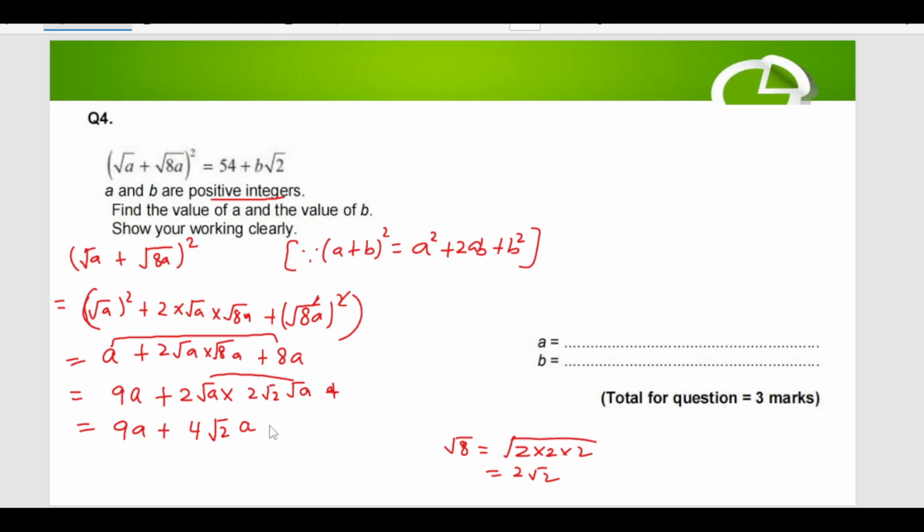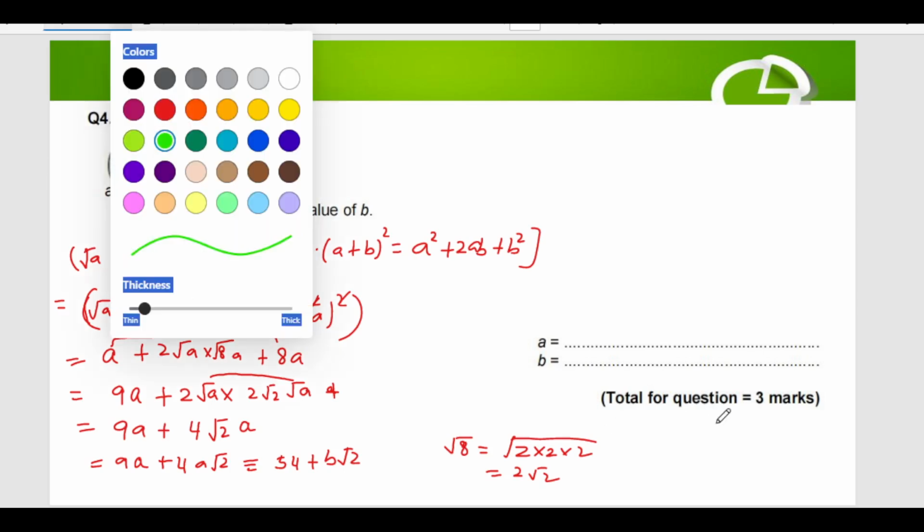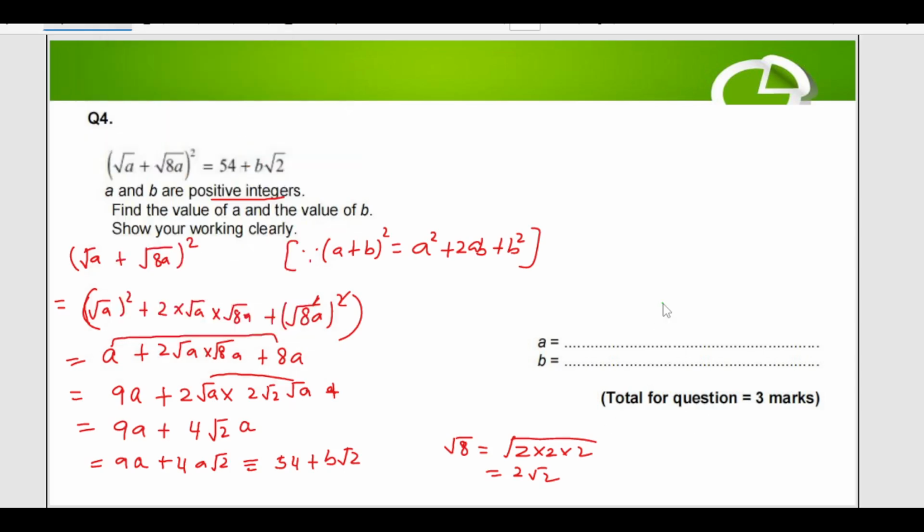So now we have here 9a plus 4a root 2. Okay, and this is equivalent to 54 plus b root 2. So now we are just going to compare them. If you compare here, this is going to be 9a equals 54.